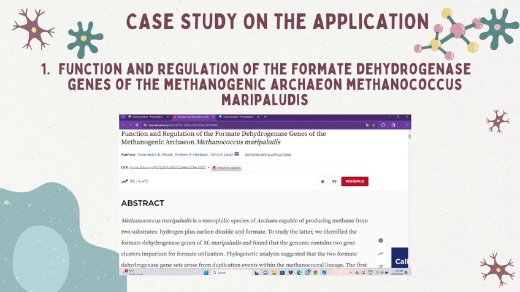The focus of the case study is on the genetic and biochemical aspects of Methanococcus maripaludis, especially its ability to produce methane from hydrogen plus carbon dioxide and formate, as well as the study of the formate dehydrogenase gene.